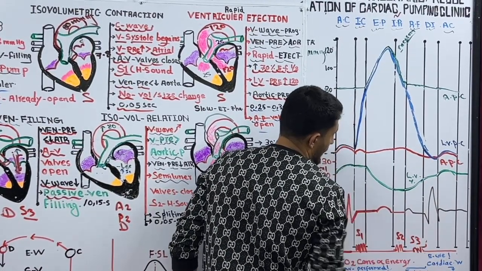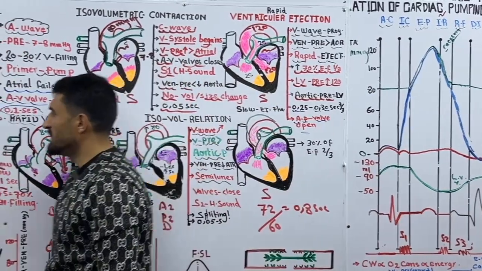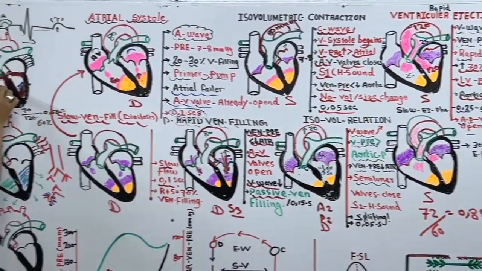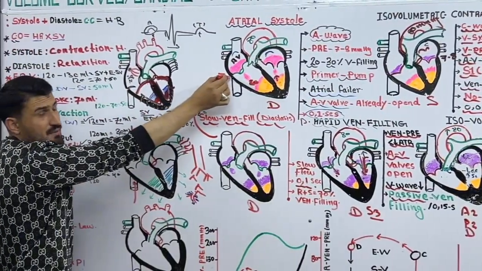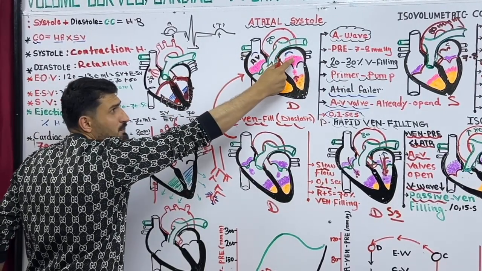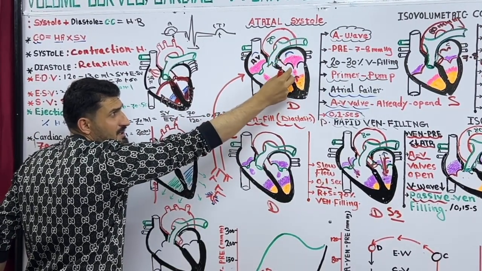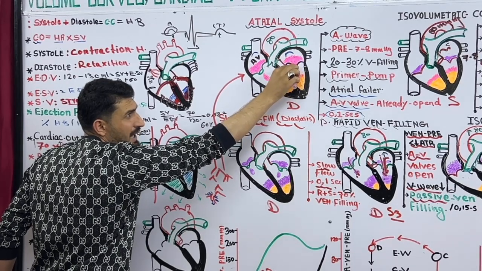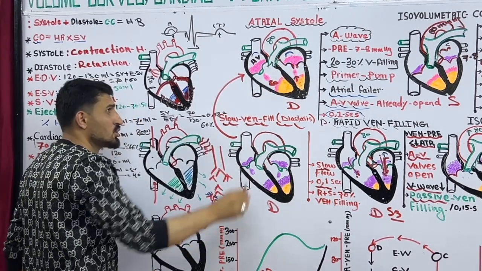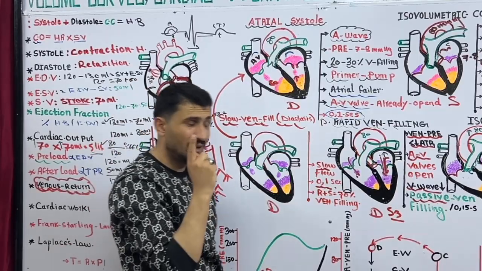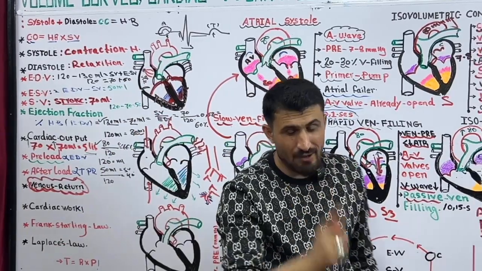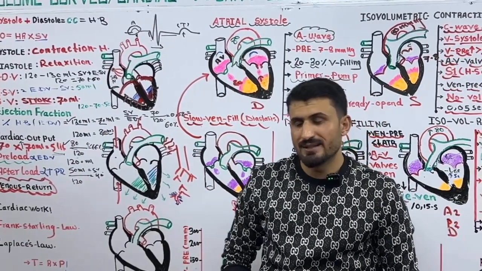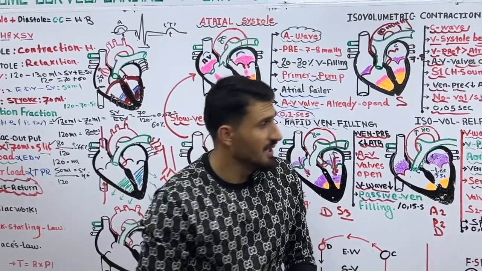And sometimes here in the atrial contraction phase, due to the pushing of blood from the atria to the ventricles through a narrow structure, for example if we have mitral stenosis, it produces a sound which is called the S4 sound, and the S4 sound is always a pathological sound.